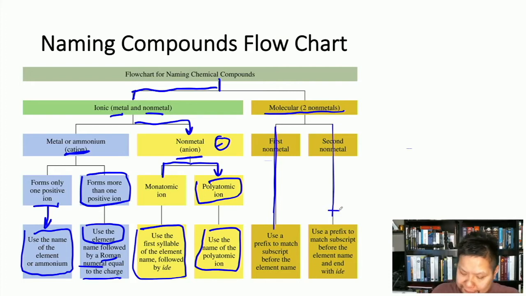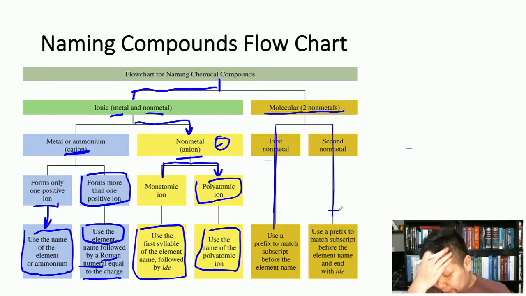So, as you can see, naming molecular compounds is much simpler than ionic compounds. After discussing so much about naming them, let's talk about their structures now.